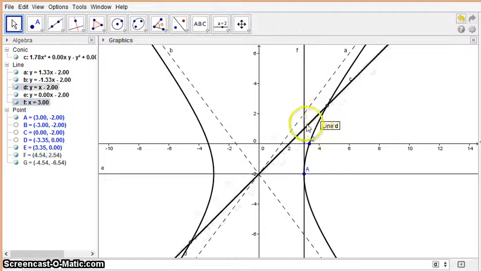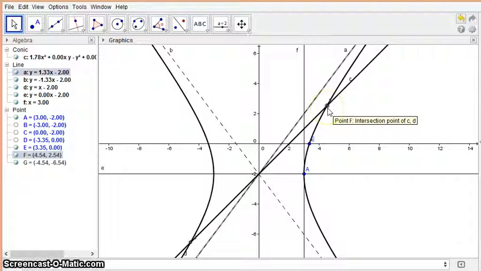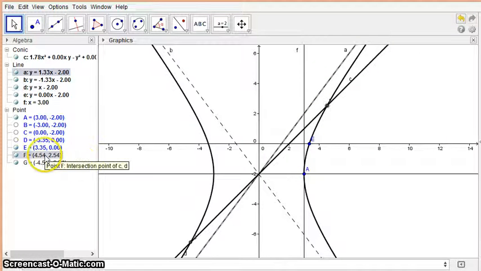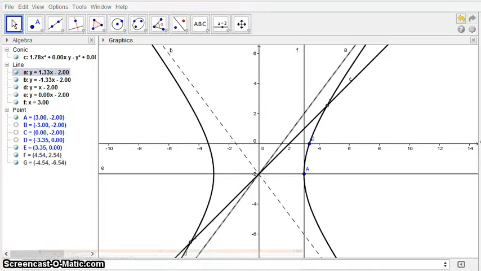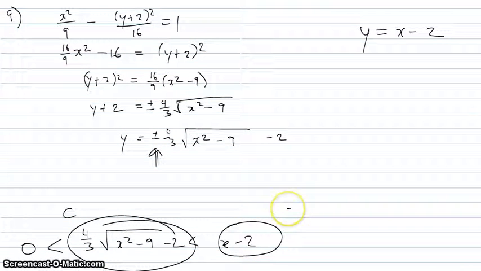This line is not above the curve when there is no curve. So I can't draw any conclusion for x between 0 and 3. But from 3 all the way through to this point here, which is 4.54, my curve is below my line, and that's what this inequality is asking me to find.